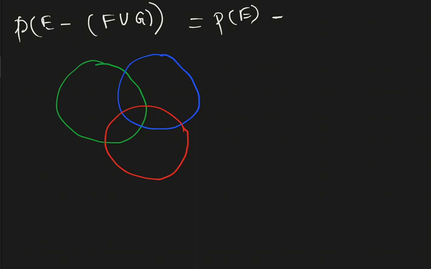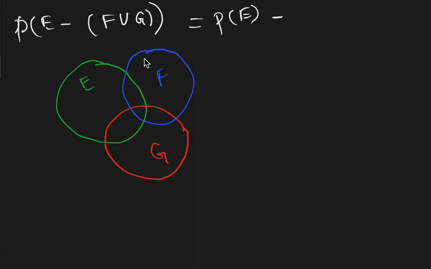Suppose this is E, this is F, and this is G. Now we have to subtract from the green region these blue and red regions.